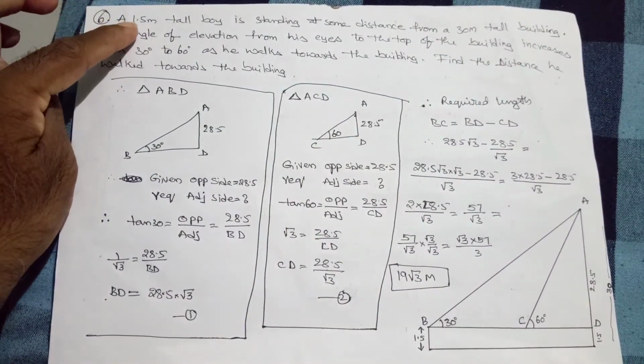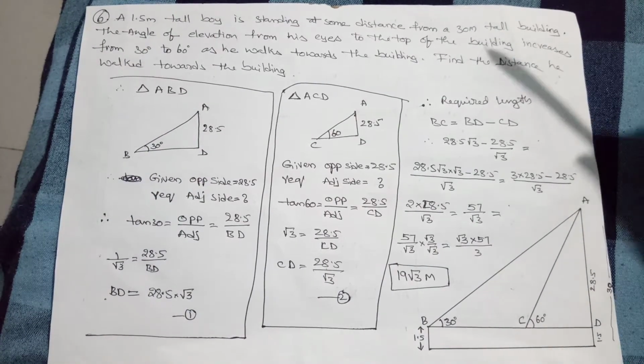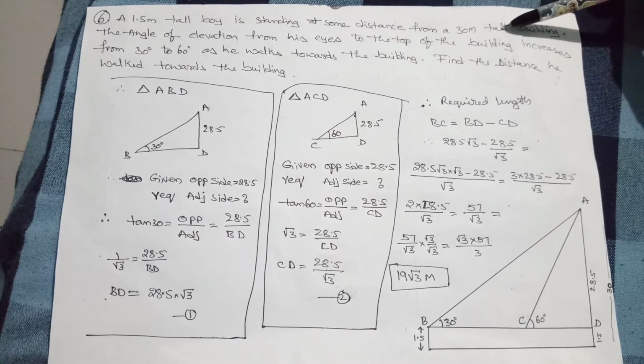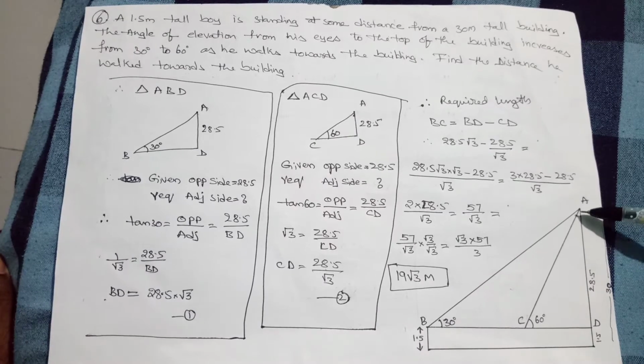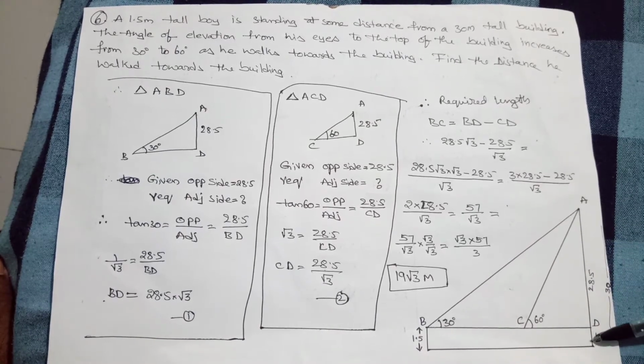A 1.5 meter tall boy is standing at some distance from a 30 meters tall building. Now, let us see. This is actually A; to the bottom is the 30-meter tall building. Okay.